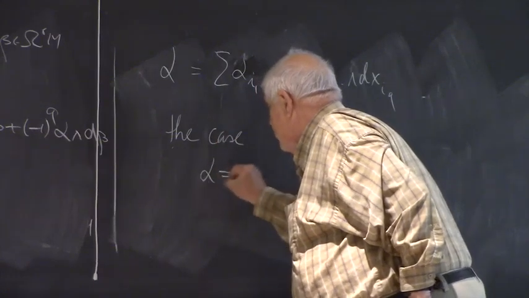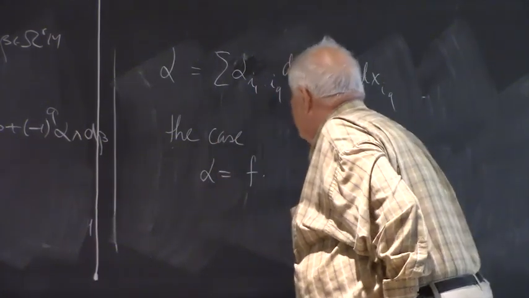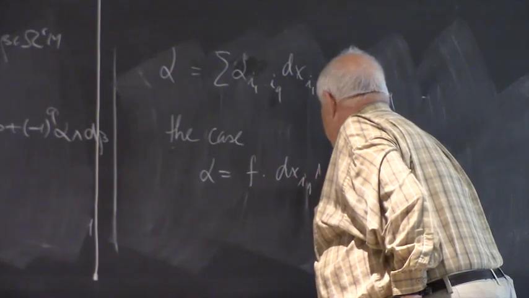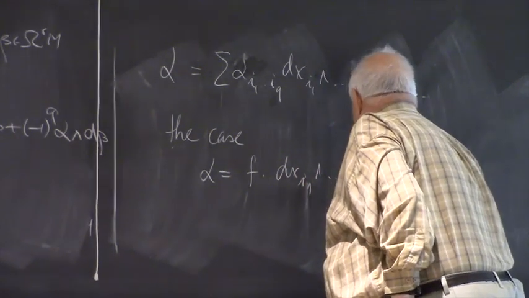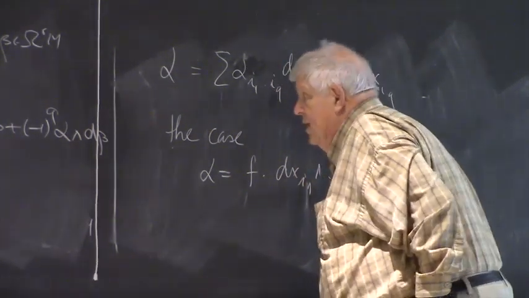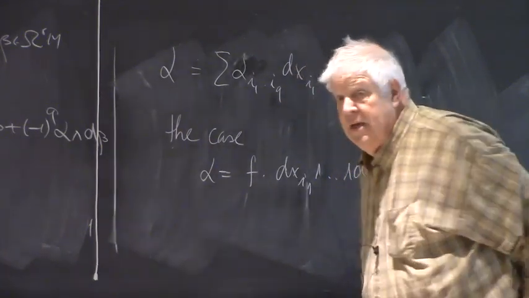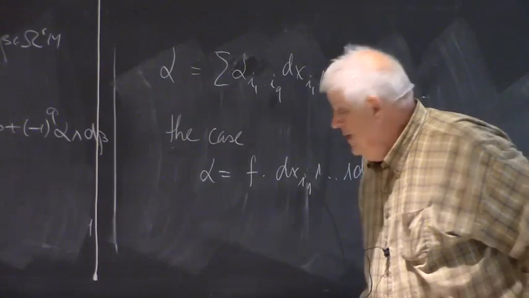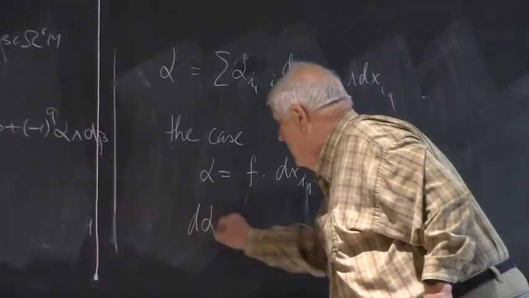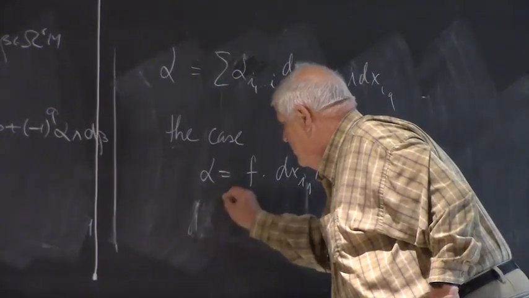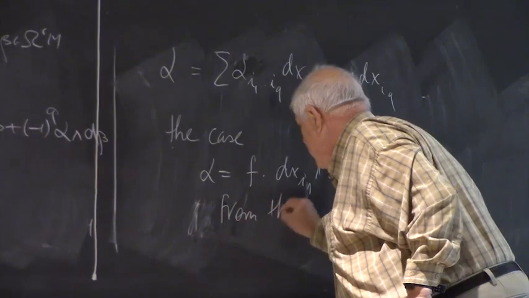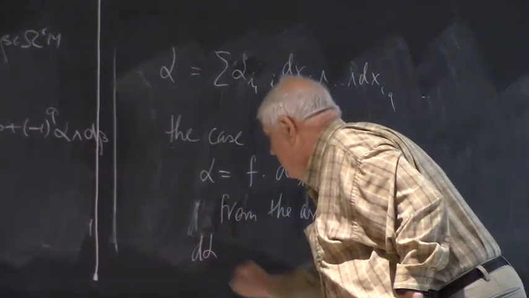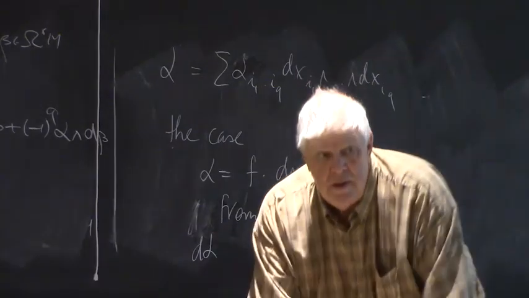and so we can consider the case when alpha is one summand, just for some function f times dxi1 wedge ... wedge dxiq. Then, if we believe in our axioms, actually in all the three of them, what is d alpha? From the axioms, the product rule.